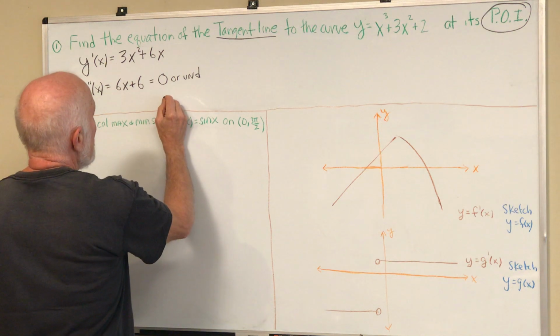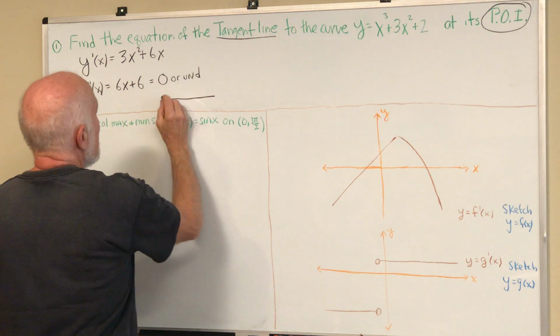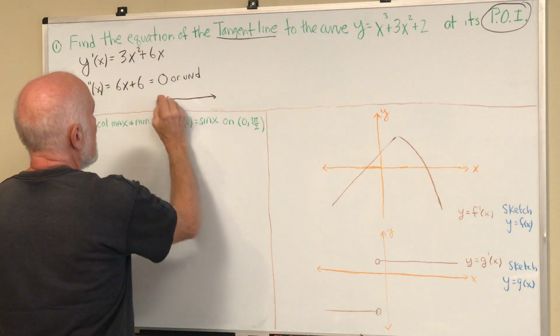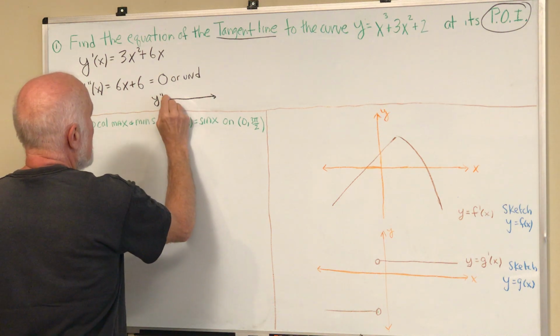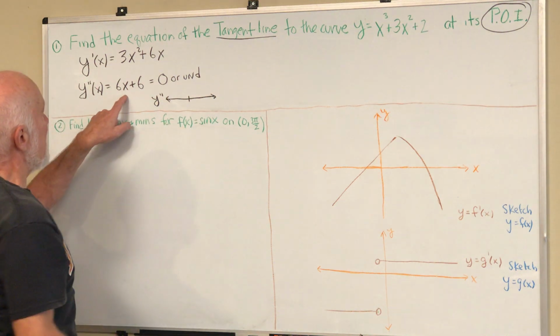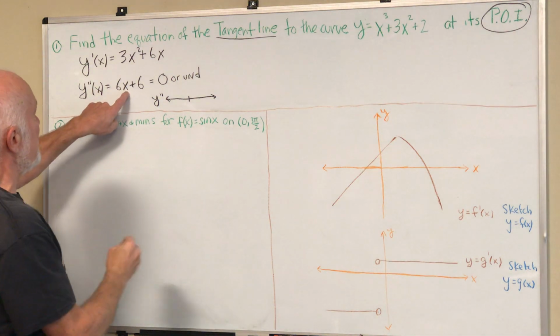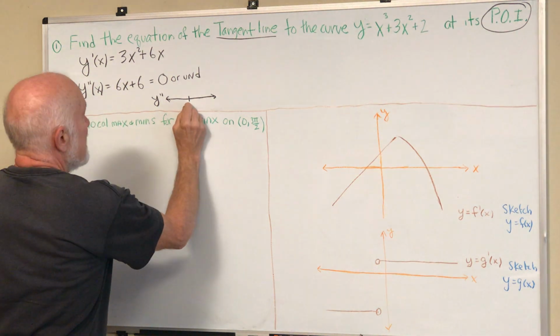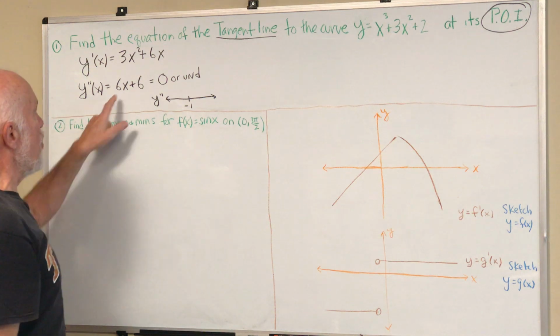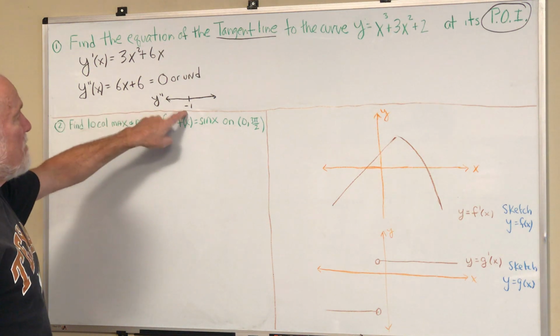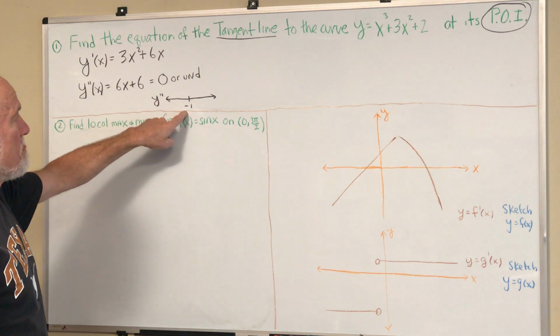So if we put this on the number line, if we call this y double prime, we see the only place where this is 0 is at x equal -1. And there's no place where it's undefined. So that's the only possible point of inflection.